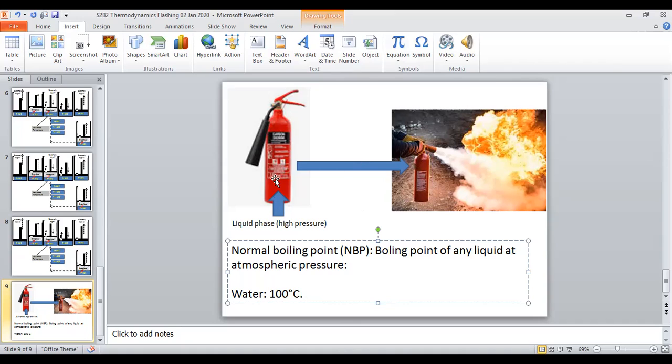So if water is coming out of this, will it evaporate? No. But there can be sudden pressure drops, and there can be chances of escaping liquid below atmospheric pressure because of the nozzles and all, maybe. Anyway, let me talk about this one first.